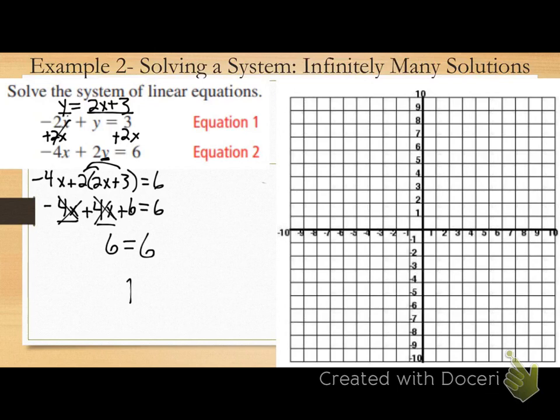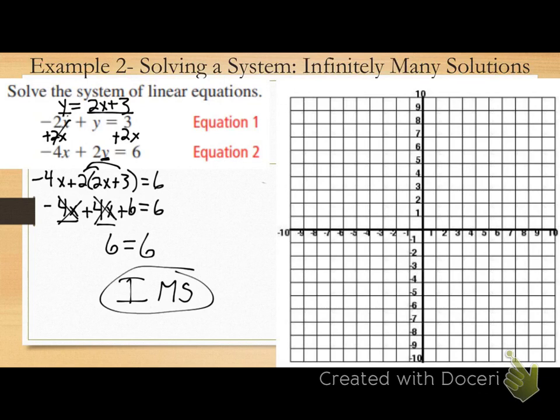That's when you get infinitely many solutions. Any questions, comments, concerns on what infinitely many solutions will look like using substitution? When you substitute, you'll get that variable canceled out. You'll be left with a true statement, so infinitely many solutions.